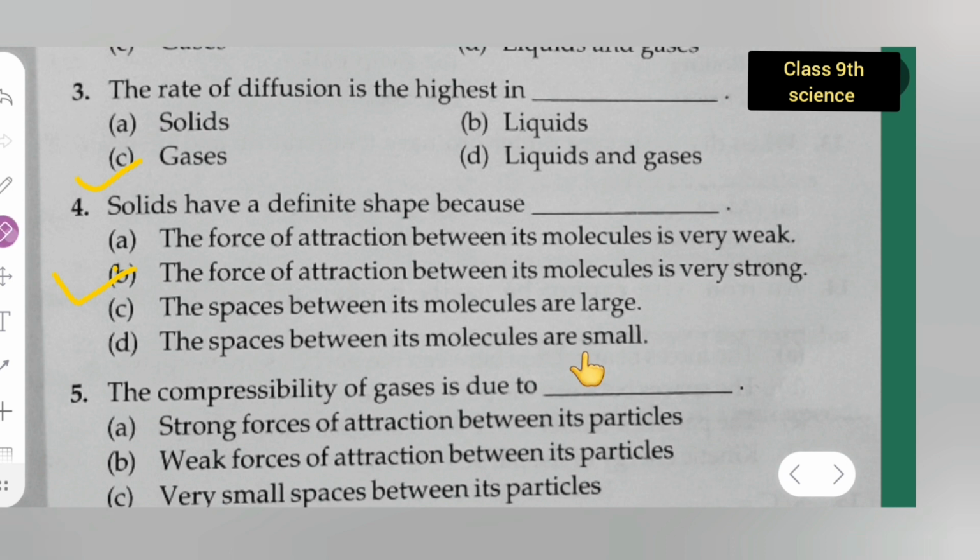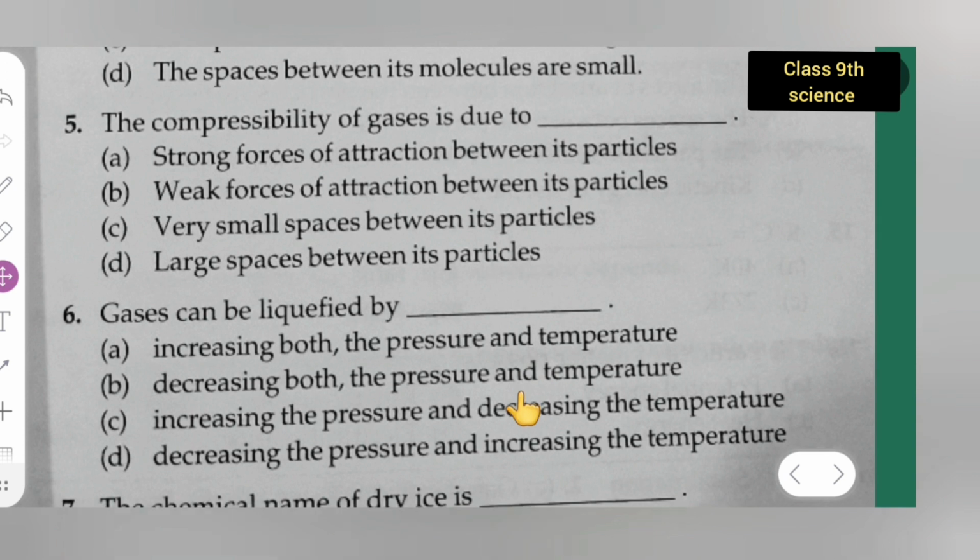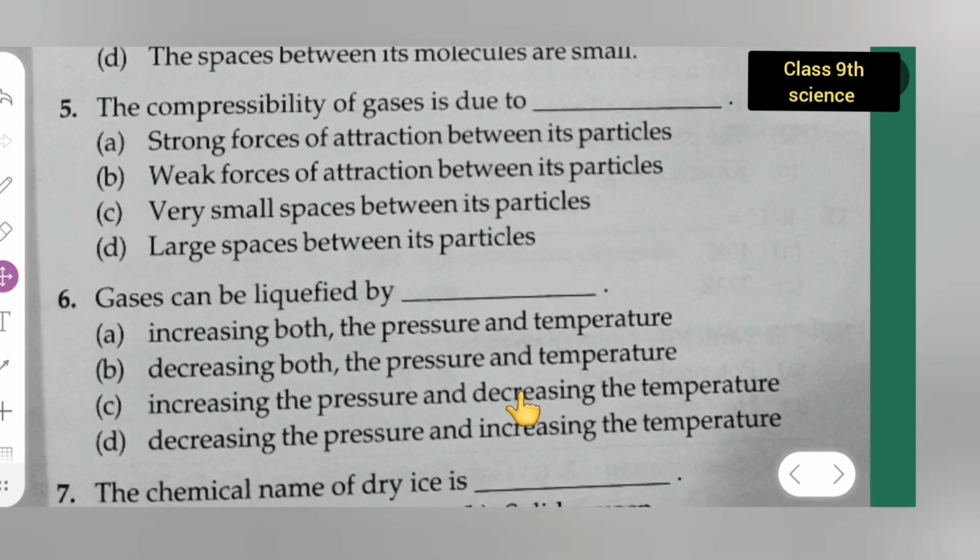Now the next question, let me read it out to you all. The compressibility of gases is due to, options are given. Option A is strong forces of attraction between its particles.